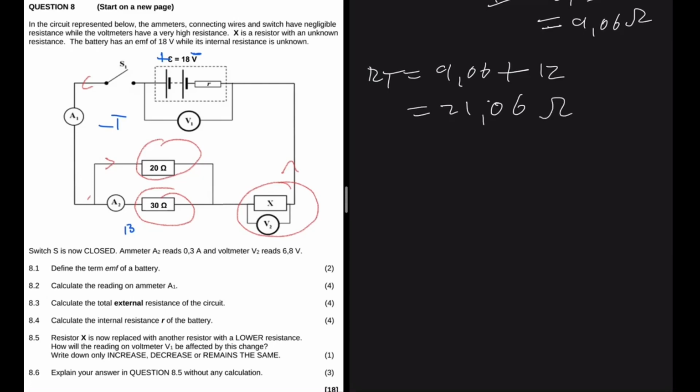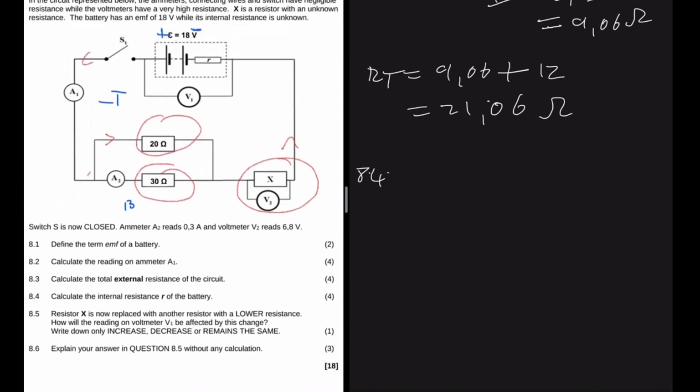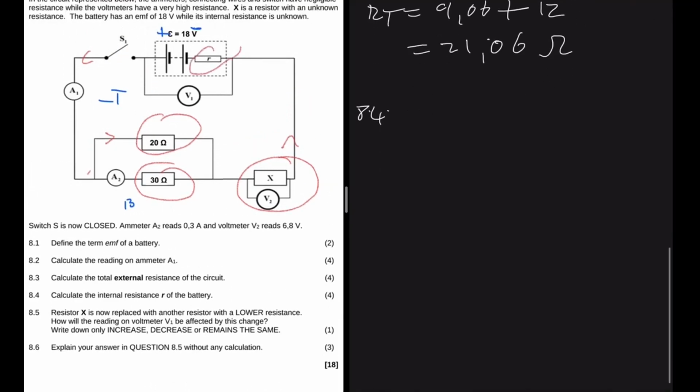So our resistance total is 21.06 ohm. And then from there we have 8.4, which says calculate the internal resistance R of the circuit. The current is the same everywhere in the circuit: on the external resistors, and even in the internal resistor.